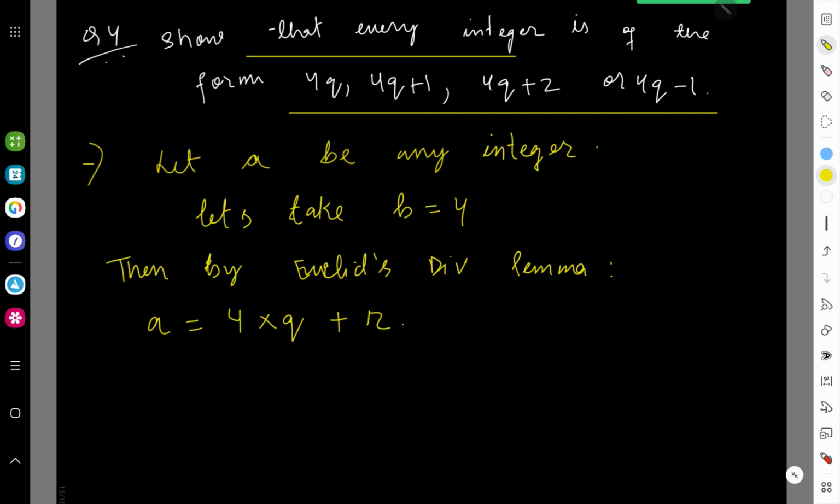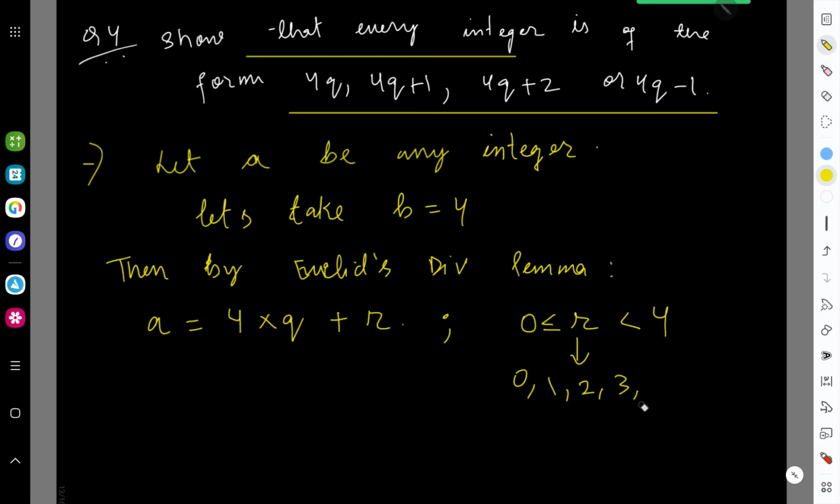Since 4 is our divisor, from here we can conclude that the remainder should be greater than or equal to 0, but it should always be less than 4. So possible values of r can be 0, right? It can be 1, it can be 2, it can be 3, but it cannot be 4 because it has to be less than 4.